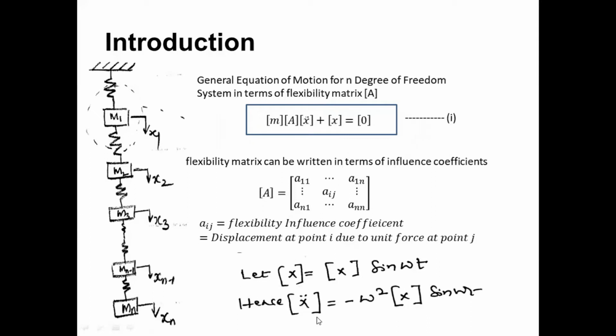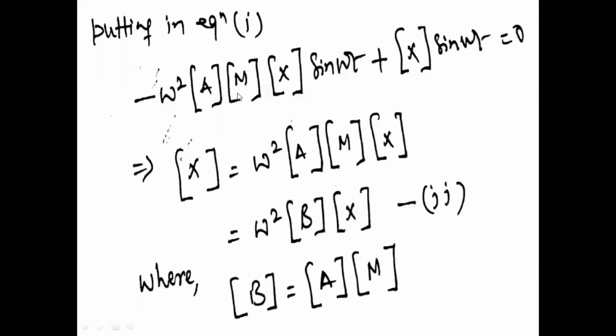We put the values of X double dot and X in equation number 1, so the equation comes out like this. Sine omega t cancels out, and you rearrange this equation as X is equal to omega square A, flexibility matrix, into mass matrix, into displacement matrix.